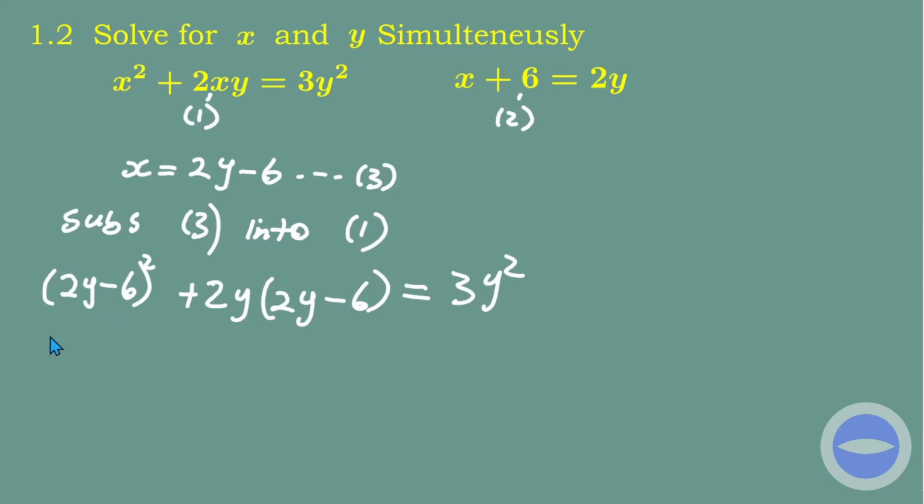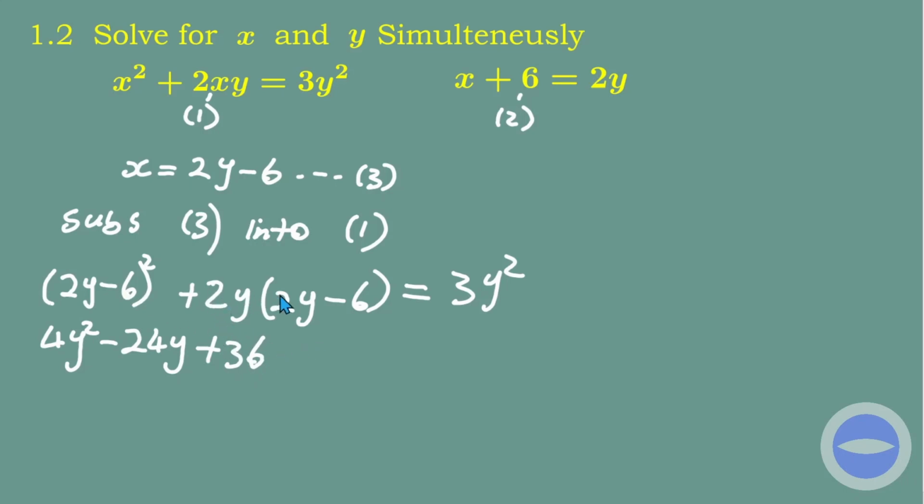So here I have to expand this one. Expanding this one, I will have 4y squared minus 24y, because 2 times 6 is 12 and 2 times 6 again is 12, plus 36. 36 is 6 squared.